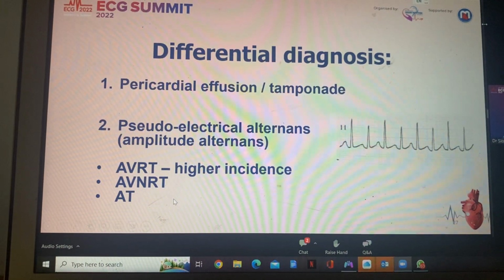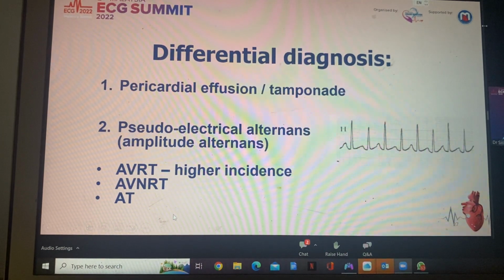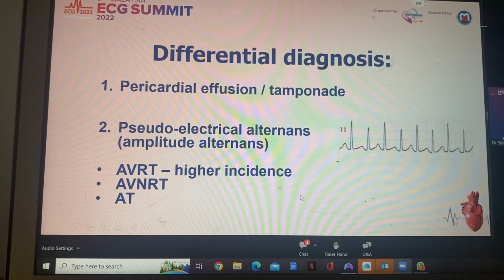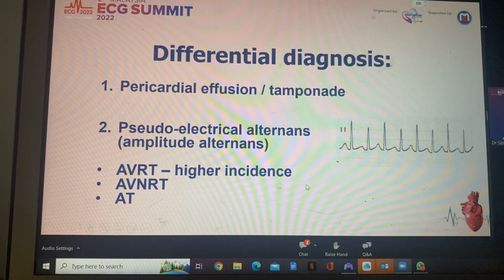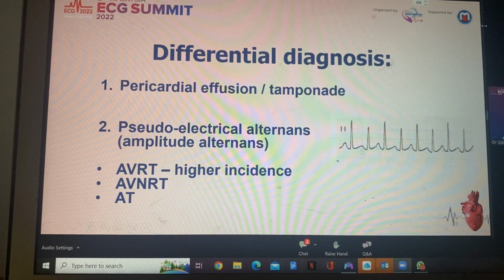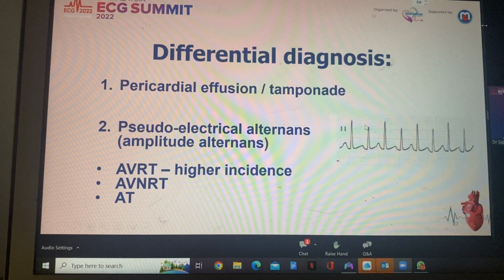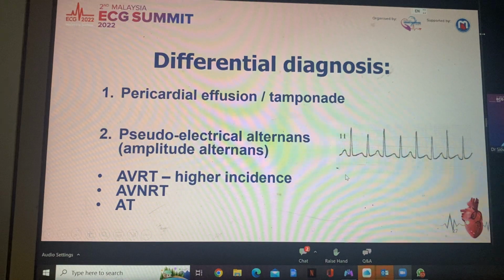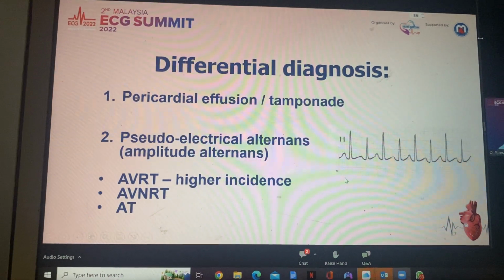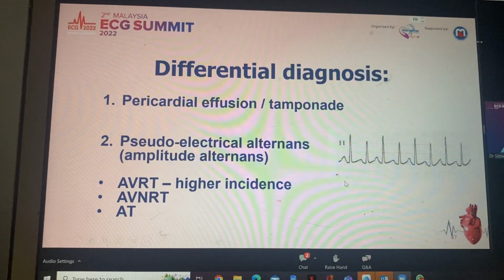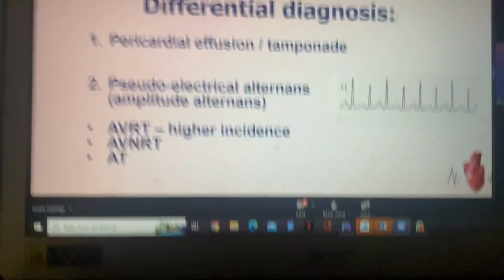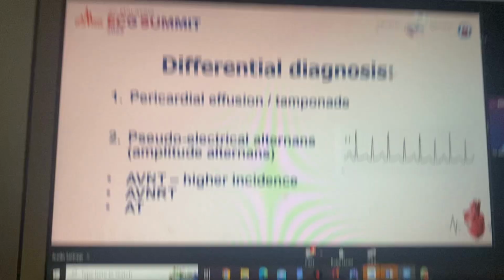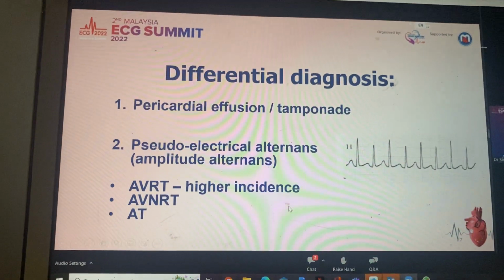It is a type of SVT, with a higher prevalence of accessory pathway, not only in the pregnant lady but in other types of patients as well. So what do we do? Do the echo. If there's no pericardial effusion, think of this differential diagnosis as well.